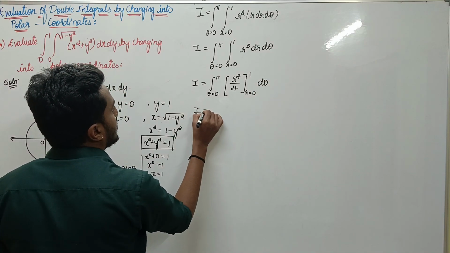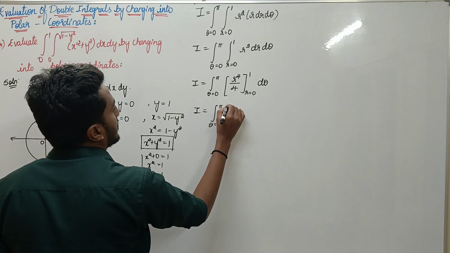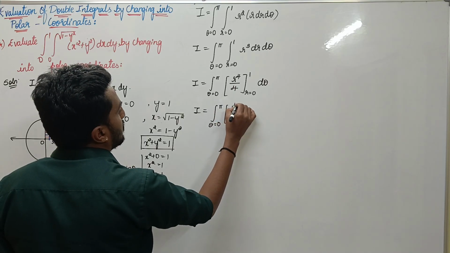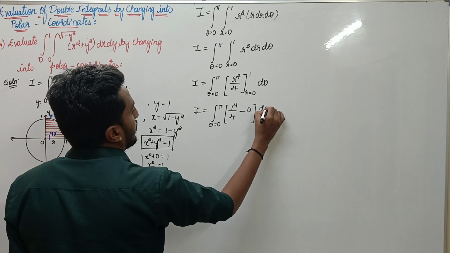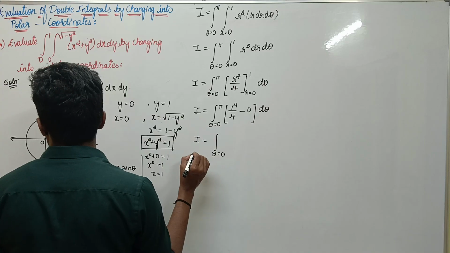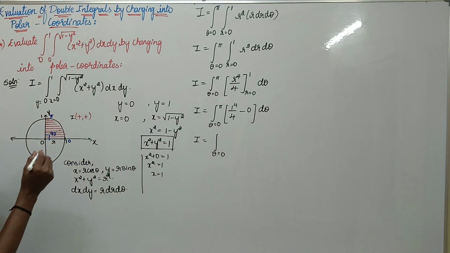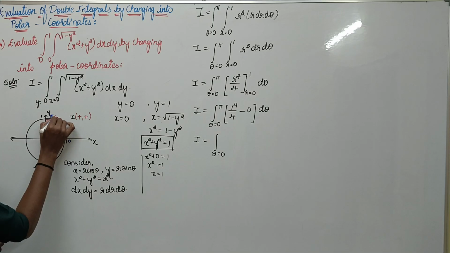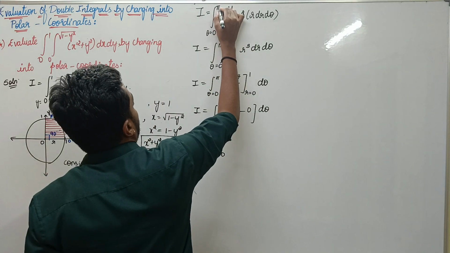So I is equal to integral theta from 0 to pi, 1 power 4 by 4 minus 0, into d theta. Sorry, the angle varies from 0 to pi by 2.